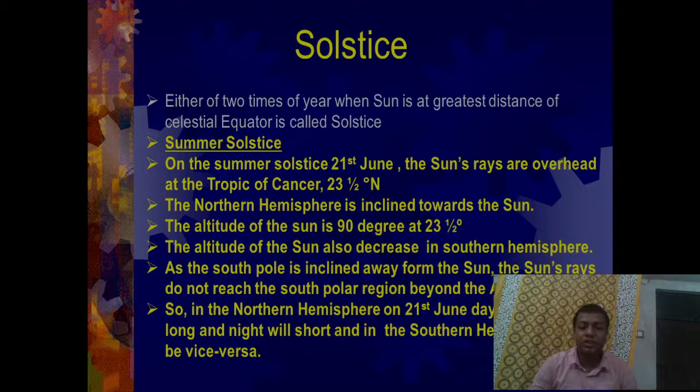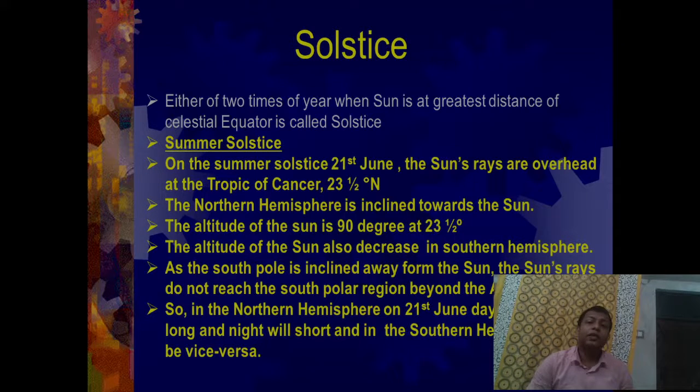We have two sorts of solstice: summer solstice and winter solstice. Rather than saying summer solstice and winter solstice, it is good to say June solstice and December solstice. Why? Because the fact of the matter is that there is no single summer or winter solstice everywhere, only the June solstice.